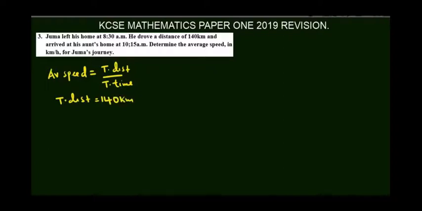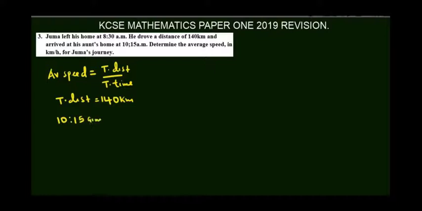But the time interval between Juma's home and the aunt's home during the journey is from 8:30 to 10:15 a.m.